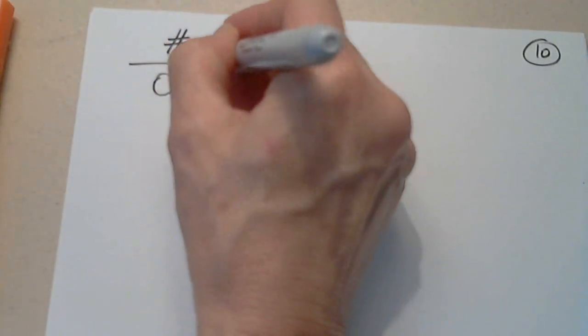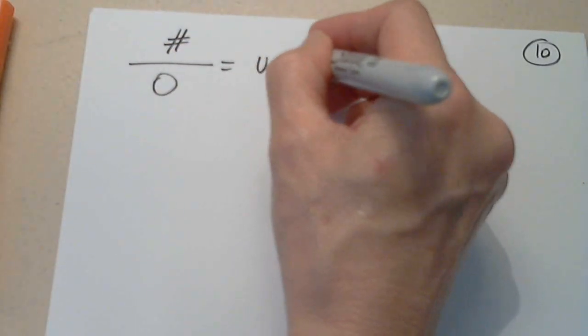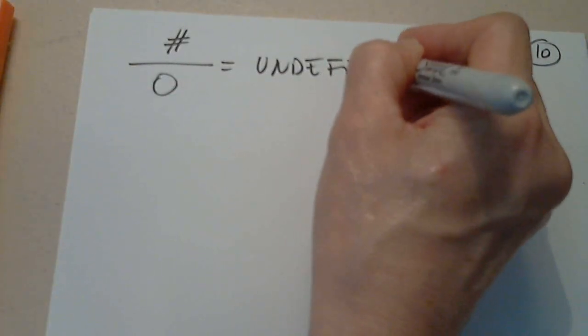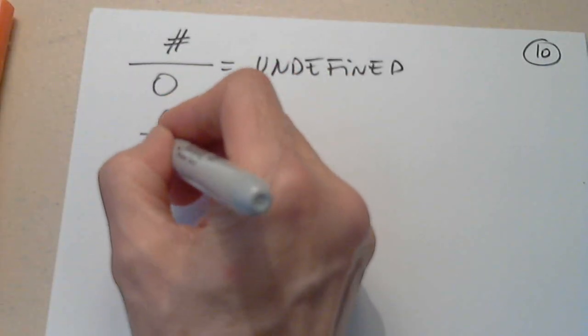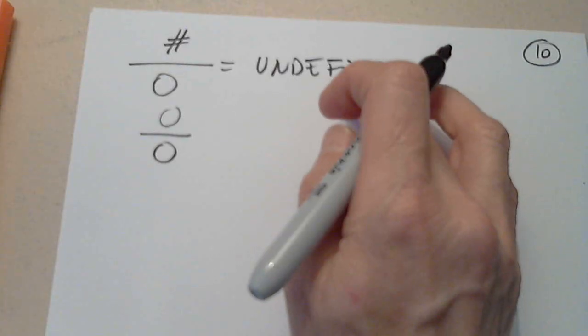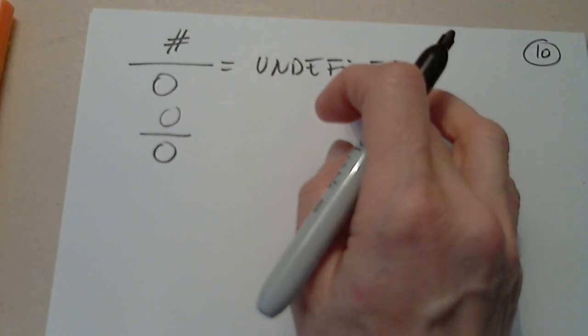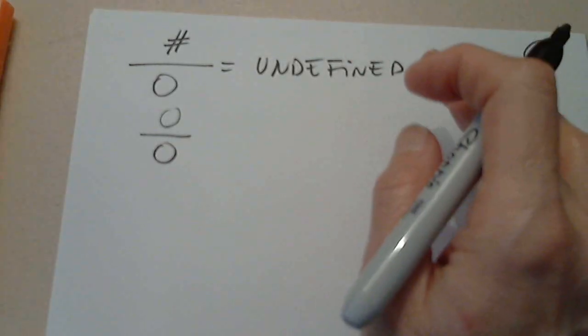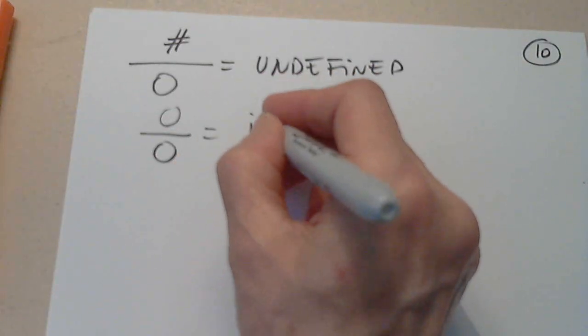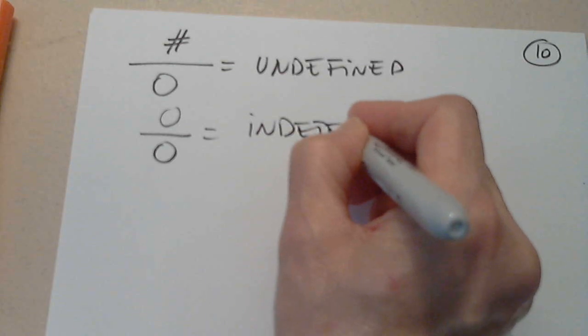Okay, I want to caution you on something. Any number divided by 0, as we know, is called undefined. However, 0 divided by 0 is not undefined. However, your book considers this undefined. It's incorrect. But I want to caution you. This is an indeterminate case.